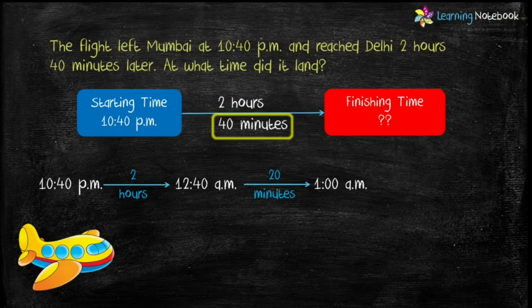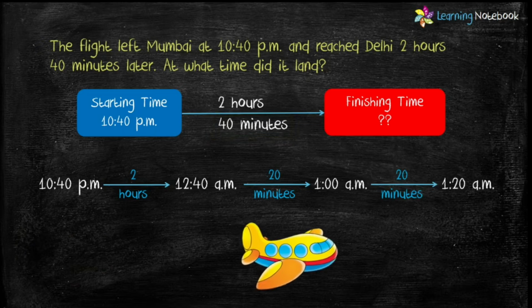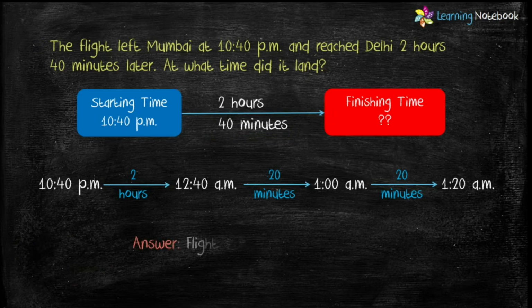Therefore, let's first add 20 minutes. Time will be 1 a.m. and again add 20 minutes and we get the time as 1:20 a.m. Therefore, the answer is, flight landed at 1:20 a.m.